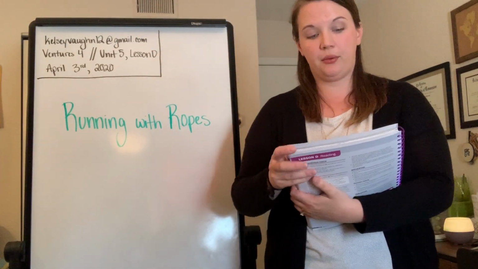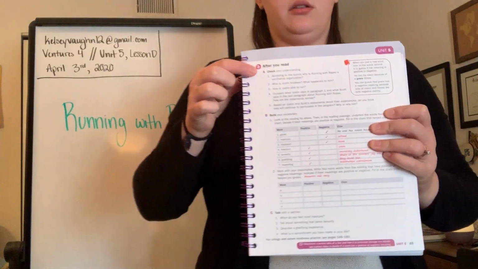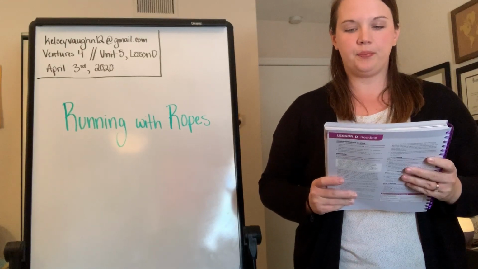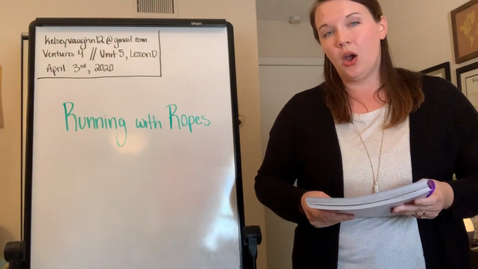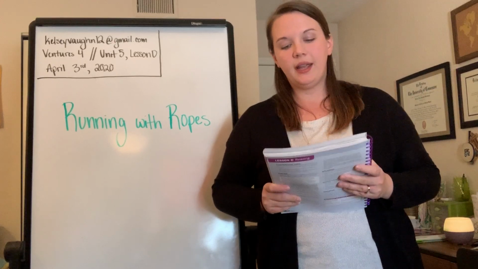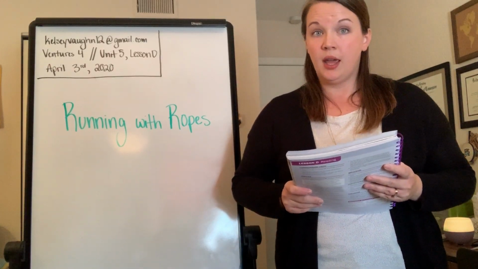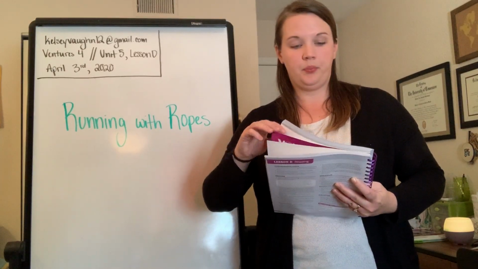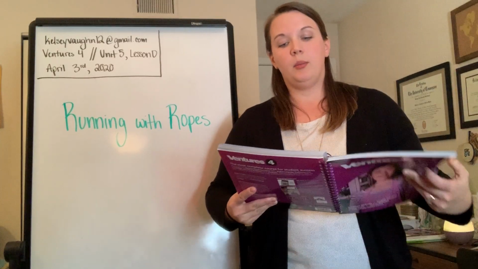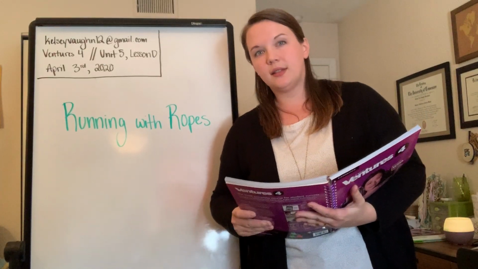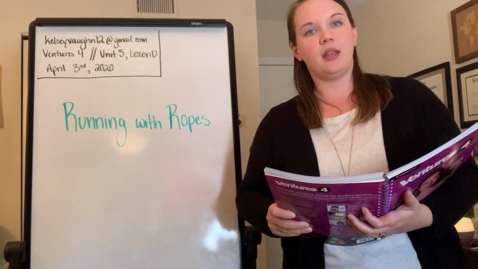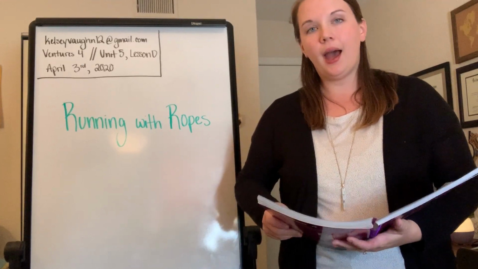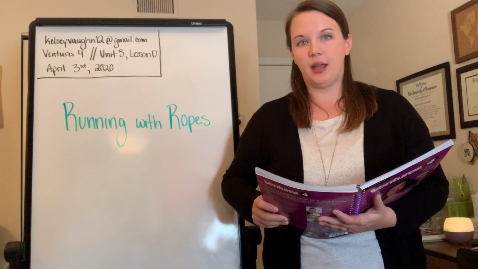So we're on 3A. You see numbers 1, 2, 3, 4, and 5. All right, so number 1. According to the author, why is Running with Ropes a worthwhile organization? Number 2. Who is Justin Andrews and what happened to him? Number 3. How is Justin able to run?